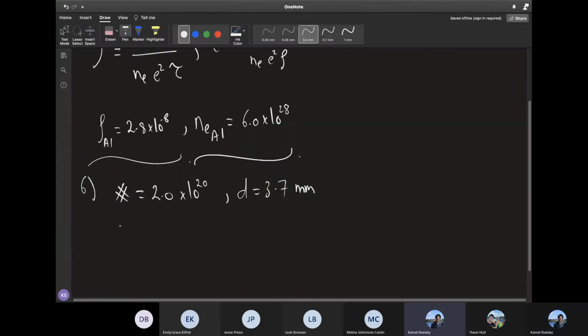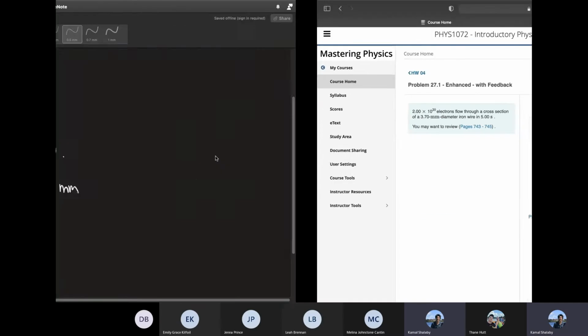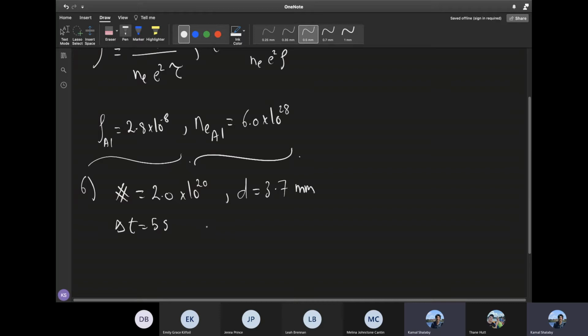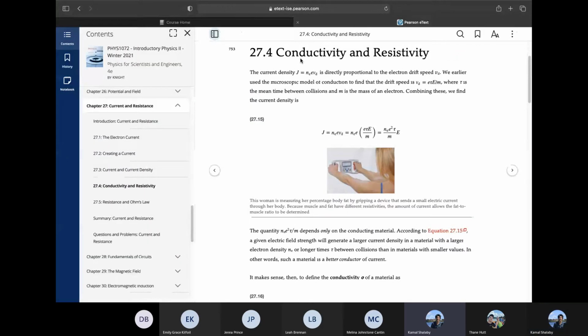So our change in time is equal to 5 seconds. And since it told us it's iron, we can also get the information about the electron density in iron, where Fe means iron, from the same table.